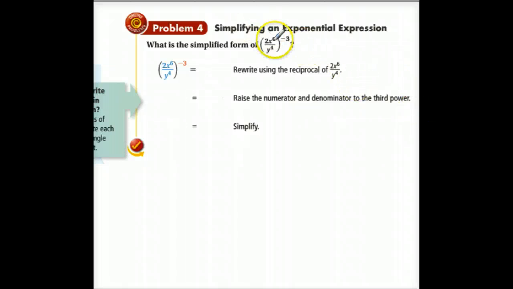So I have 2x to the 6th over y to the 4th raised to the negative 3rd power. Okay, so right here. They're saying that I can rewrite this with a positive exponent of 3 by just doing the reciprocal of this quotient. So instead I'm going to have y to the 4th on top and 2x to the 6th power on bottom.